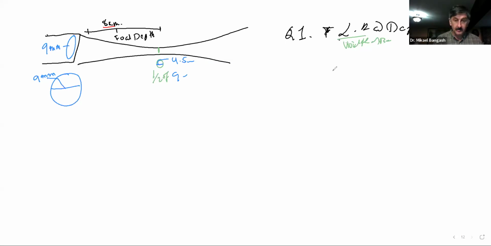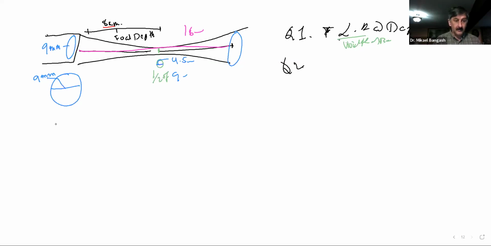Our question number 2 asks, what is the lateral resolution at a depth of 16 centimeters? Which means you have 8 centimeters here and another 8 centimeters here, so a total distance of 16 centimeters.